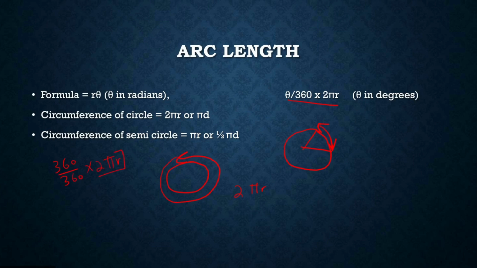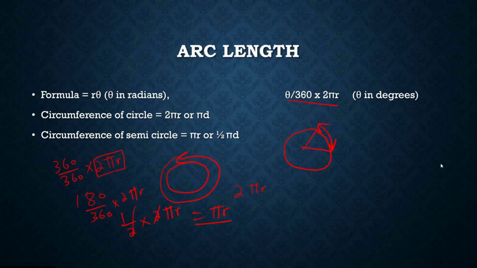So as you can see, you will only get 2 pi r. Same for the semicircle, you get 180 over 360 into 2 pi r, which is 1 over 2 into 2 pi r, which means you can cut this out, which means pi r is your arc length for a semicircle.